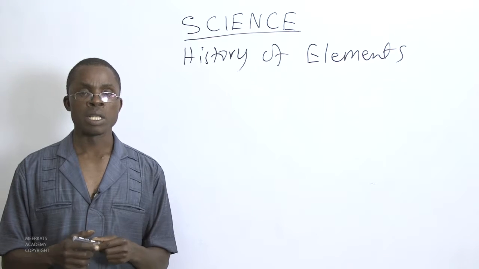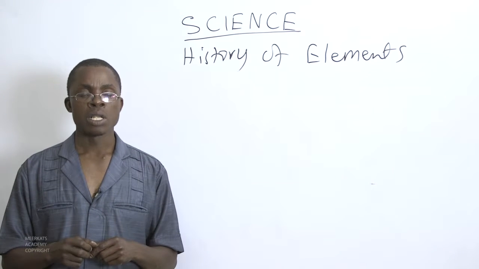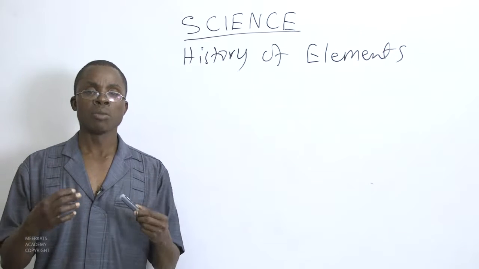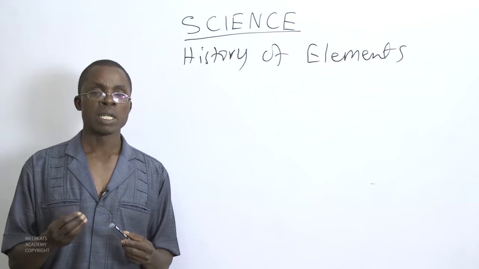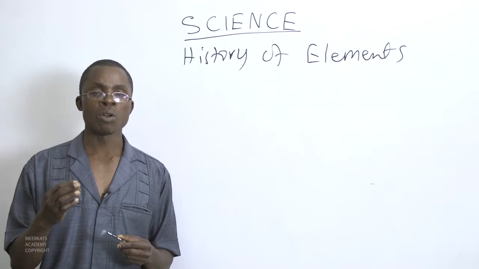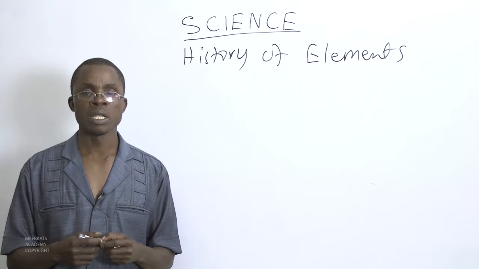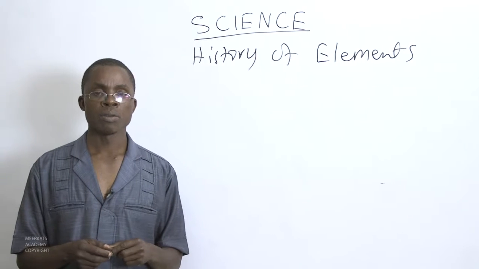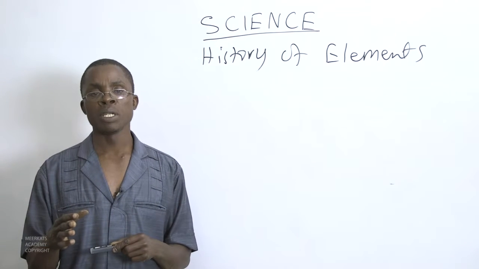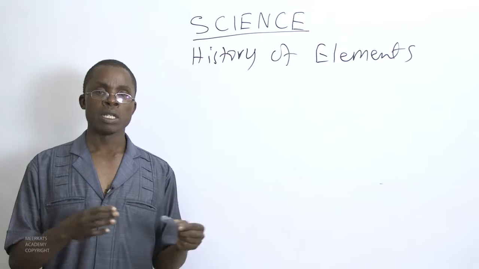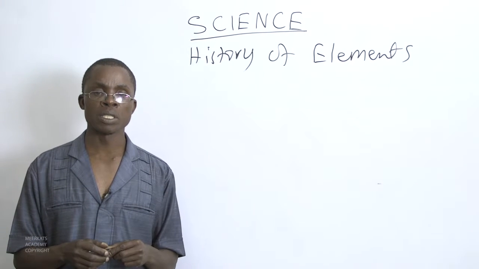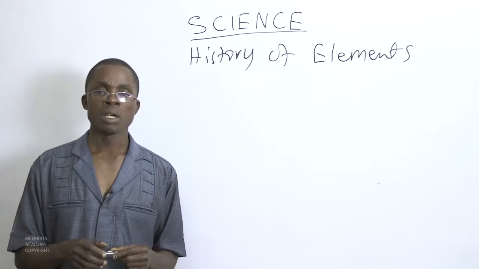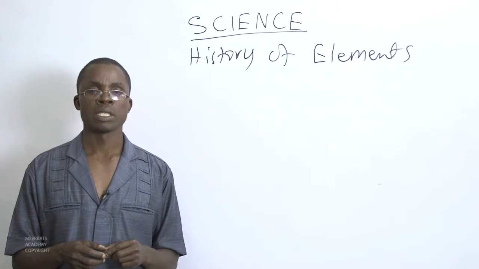By then, they were not calling it an atom. They only called it a small particle that encompasses what we call matter. As we said, matter is made up of small particles, which, because of the different properties around it, can be in solid, liquid, or gaseous state.